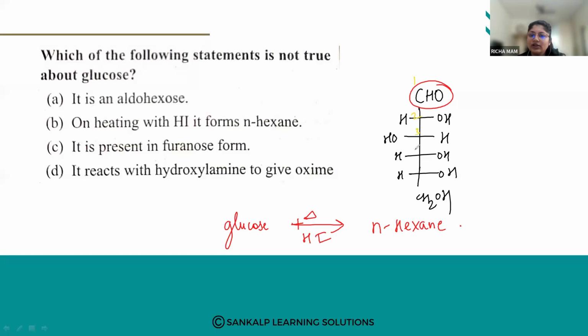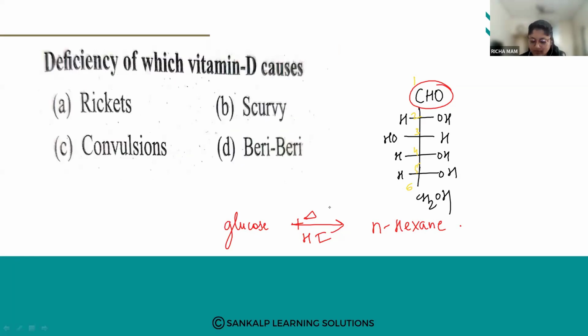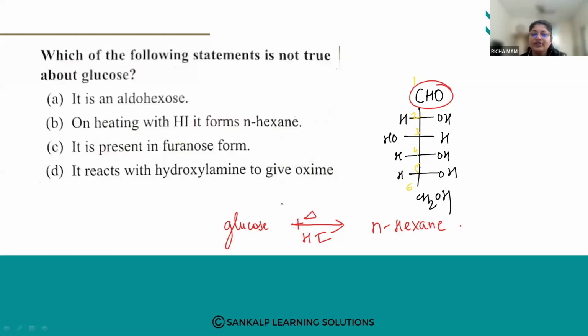Count 1, 2, 3, 4, 5, and 6. So this is also correct. This represents that the skeleton of glucose consists of 6 carbon atoms. So when glucose is heated with HI, you get n-hexane. They have asked which is not true, so this is correct. Then let us go for the next one.